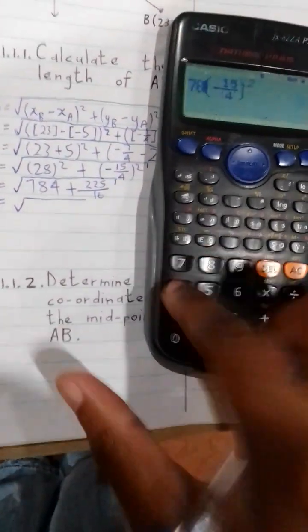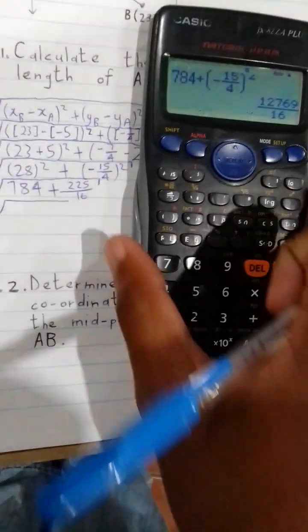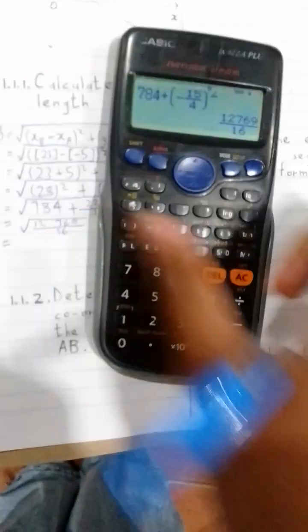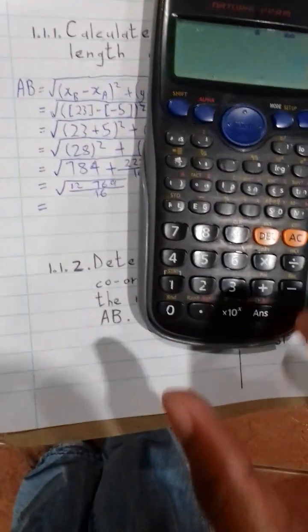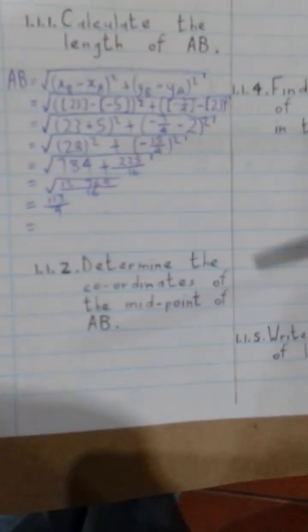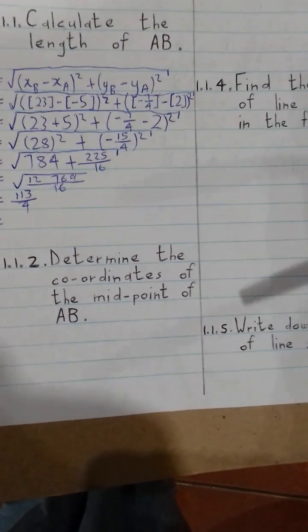Going to say 784 plus 225 over 16 is 12769 over 16. So the square root of the answer is 113 over 4, which is 28.25 units.